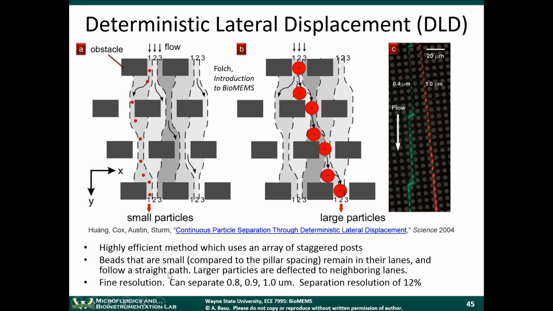They follow a relatively straight path compared to the larger particles. Now these lanes are laminar streamlines. What happens to the larger particles? The larger particles are deflected by the posts.